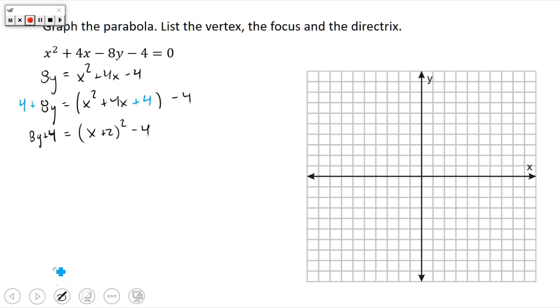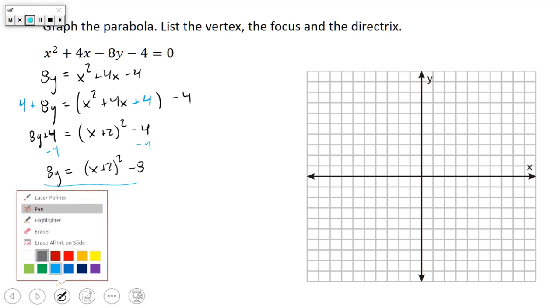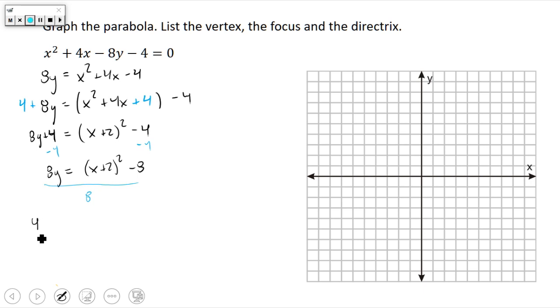Now we're going to subtract 4 from both sides, and what we get is 8y is equal to (x plus 2) quantity squared minus 8. And now we're going to divide everything through by 8. The final equation in vertex form is y is equal to 1/8 times (x plus 2) quantity squared minus 1, because we divided the 8 by the 8 and we got 1.